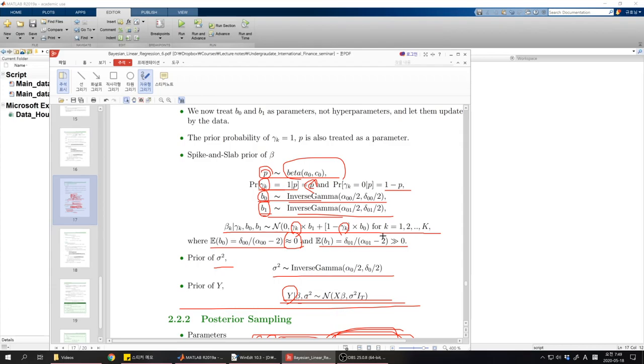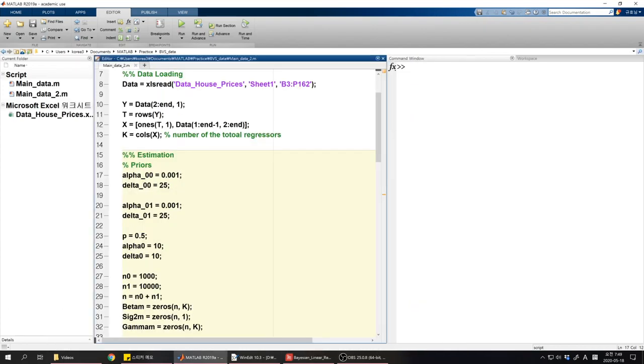And this one should be very large. So say this is 100, or say 500, and say just 5.